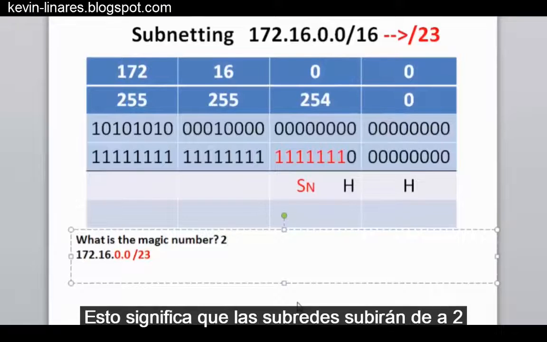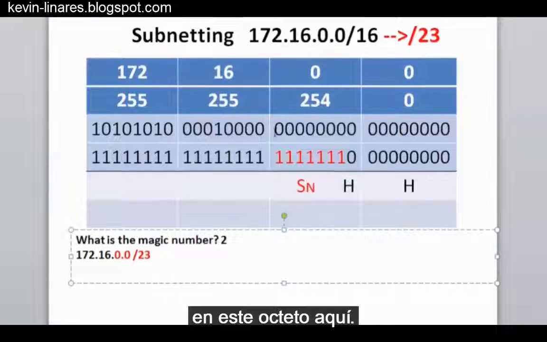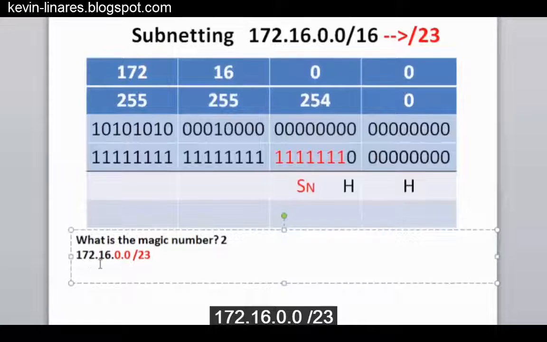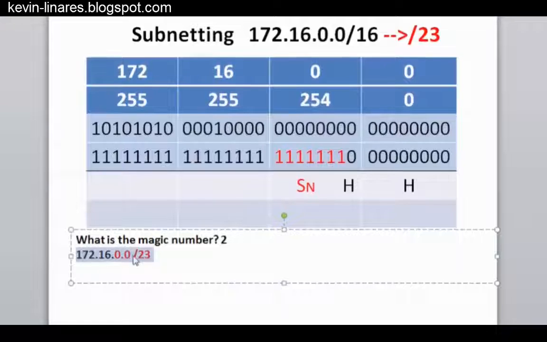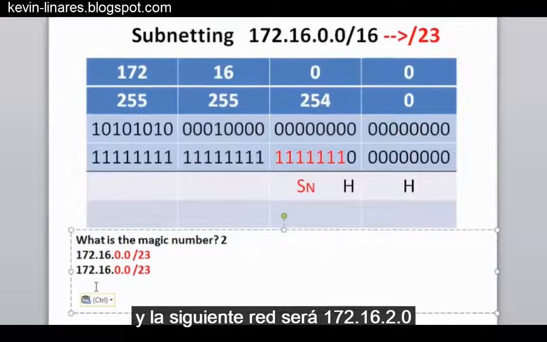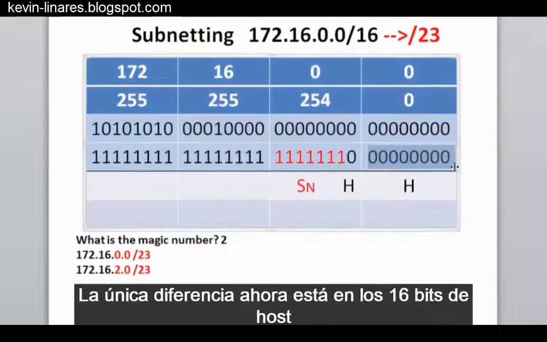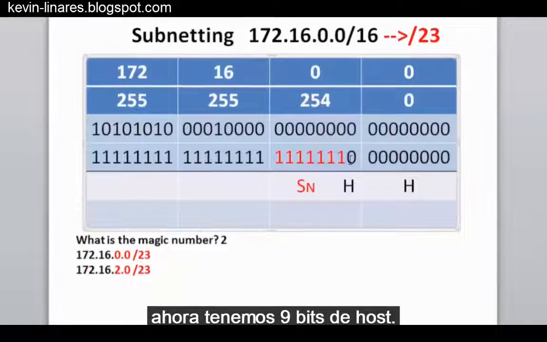This means that the subnets will go up by 2 in this octet here. So in other words, our first subnet will be 172.16.0.0 /23, and the next network will be 172.16.2.0 /23. The only difference is now, instead of 16 host bits like we would have had in a /16 network, we now have 9 host bits.